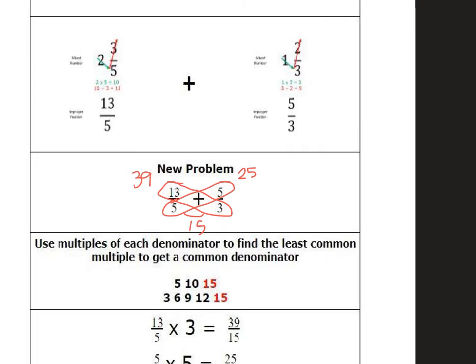So then your new fractions would be 39 over 15 plus 25 over 15. So from here you would add your numerators, and if you add your numerators, you have 39 plus 25 will equal 64. Keep the denominator the same.